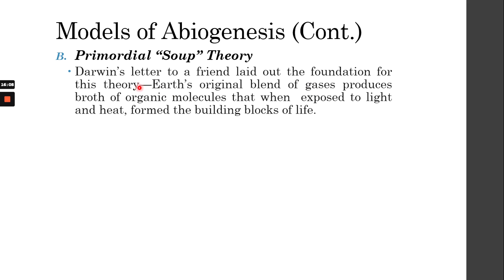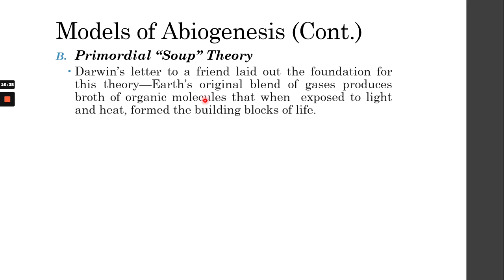But what he means is that because of the various gases existing in the early Earth, four billion years ago, before the existence of life, these blends of gases, when exposed to a source of energy, I hope you guys are seeing the pattern now, when they were exposed to energy like light and heat, these reduced gases start to form organic molecules.